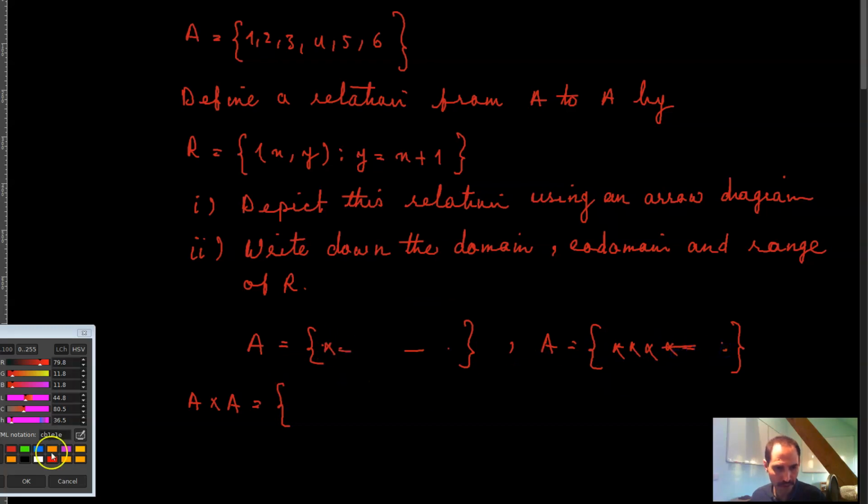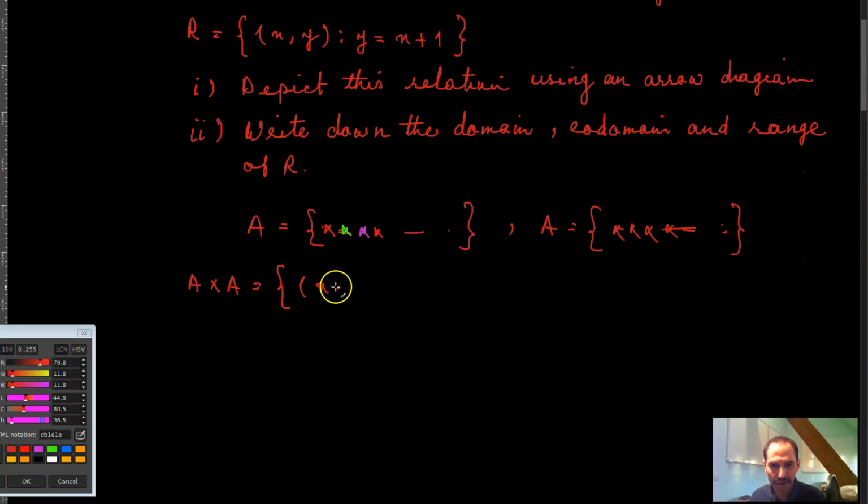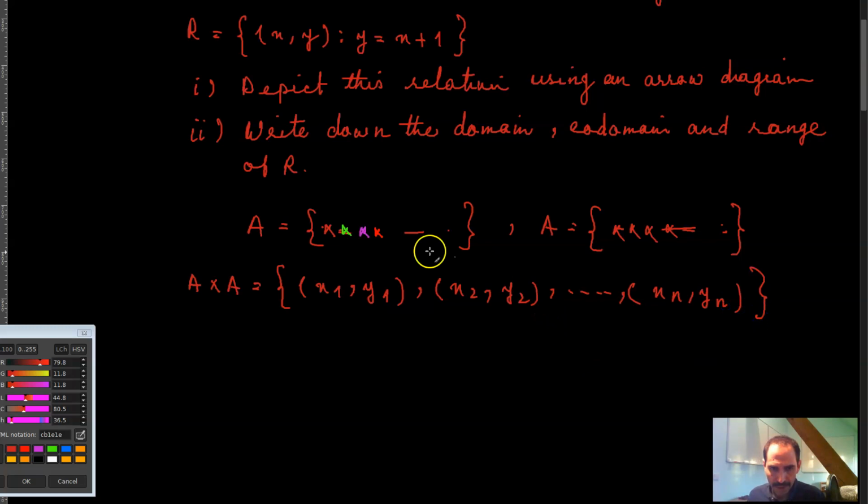Then you would start with the next element again with all of these elements, and so on and so forth. In that process you will get all of these elements (x, y). I denote them as (x1, y1), (x2, y2), and all the way up to (xn, yn), right?